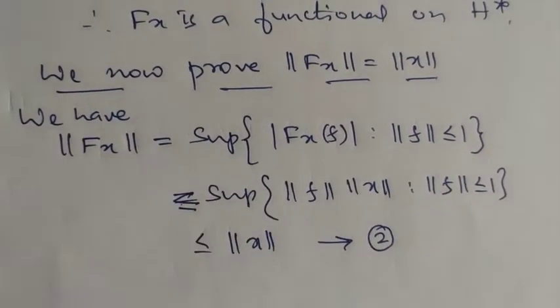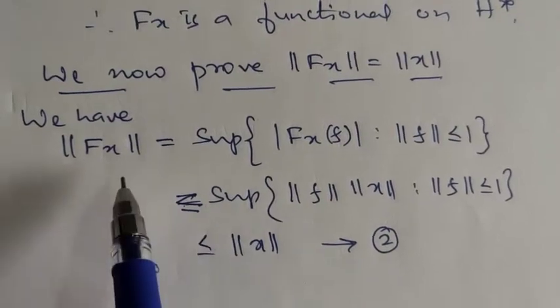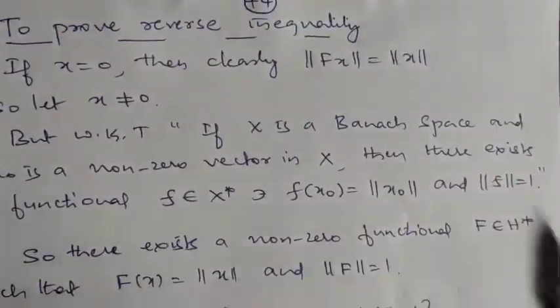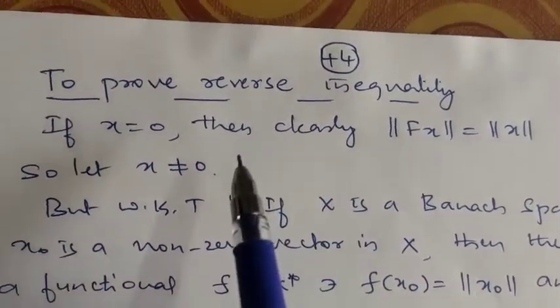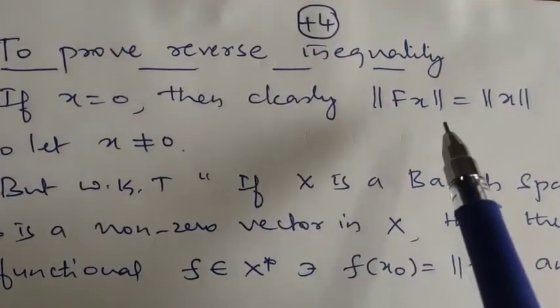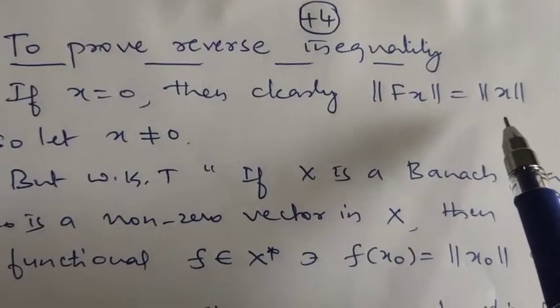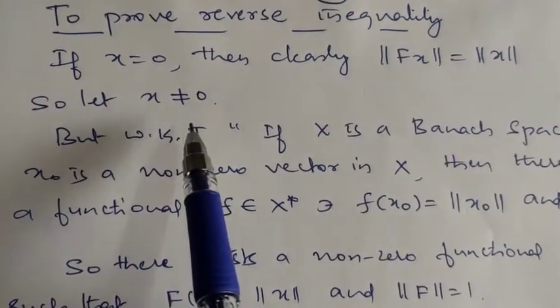Now we prove the reverse inequality, that is, norm of x is less than or equal to norm of fx. As in the last case, let us first discuss the case when x is 0. If x is 0, then clearly norm of fx is the same as norm of x, and the required thing is proved. So let x be non-zero.